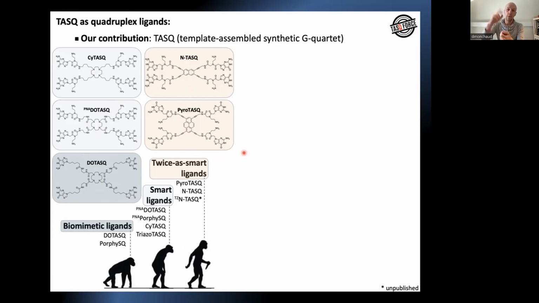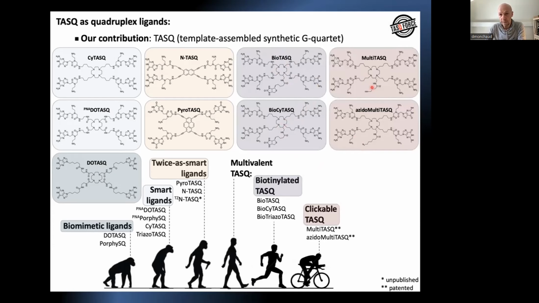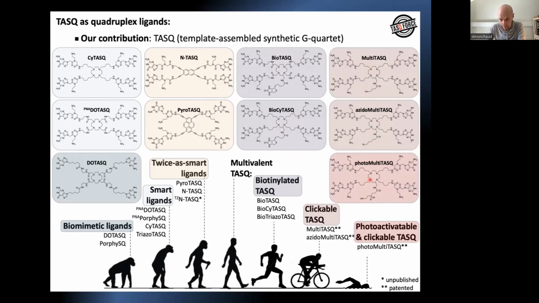And they were also smart fluorescent probes, because the fluorescence is triggered upon interaction with that target. And more recently, we developed a series of multivalent TASCs, the biotinylated BioTASC here, the clickable multiTASC and azido multiTASC here, with a triple bond or with an azido group, and more recently, the photoactivatable and clickable molecule, which is called the photoMultiTASC.